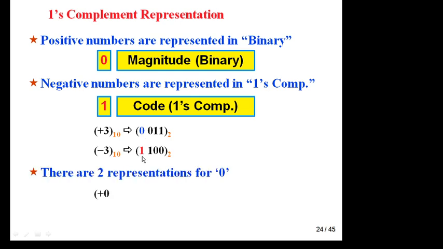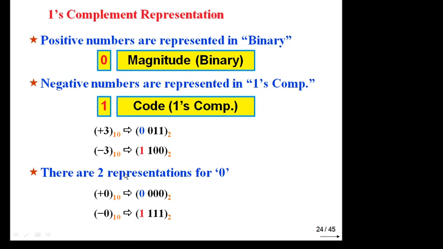Okay. There are two representations for 0. In this case, there are two representations: plus 0 and minus 0. First determine plus 0. It is 0 for sign and 0 0 0 for magnitude. And minus 0 is nothing but the ones complement of plus 0, so 1 1 1 1.